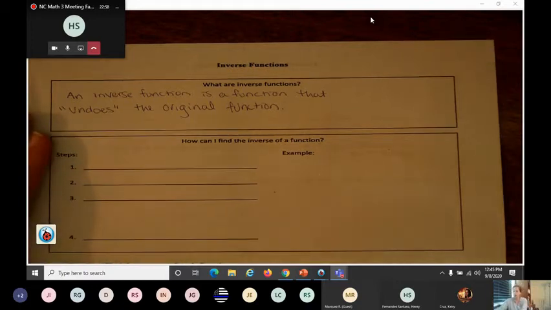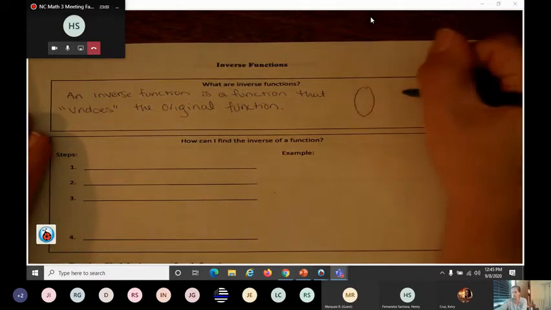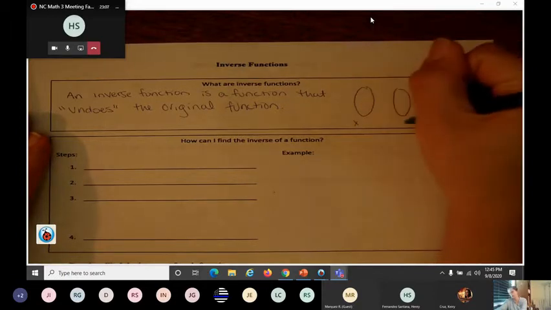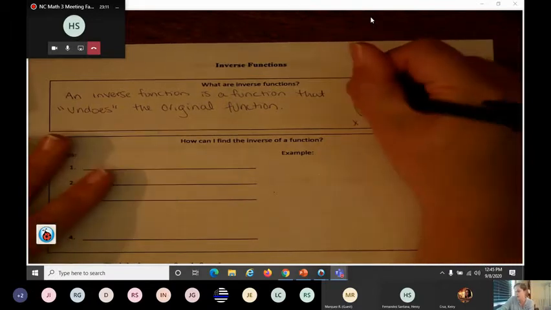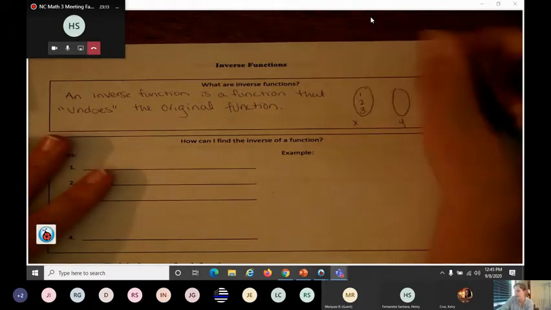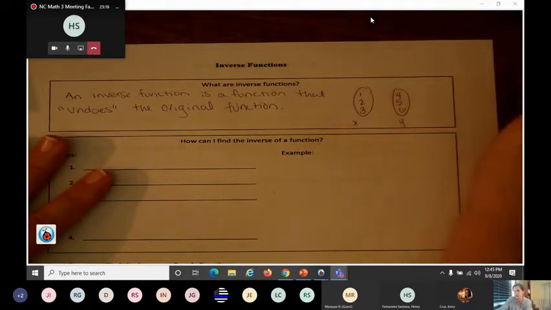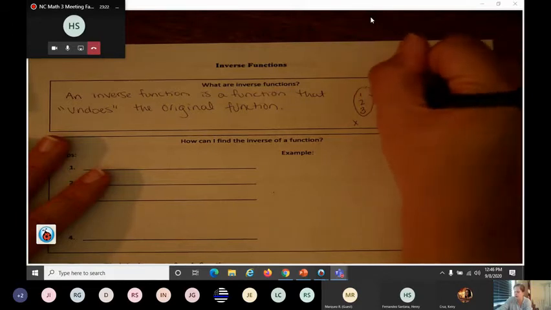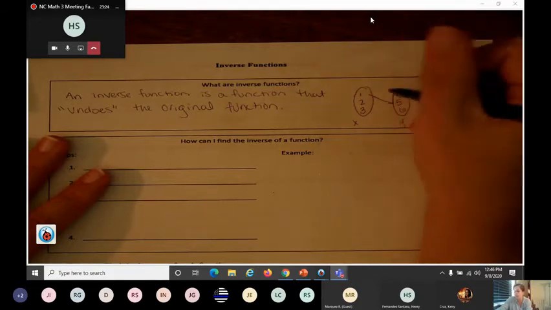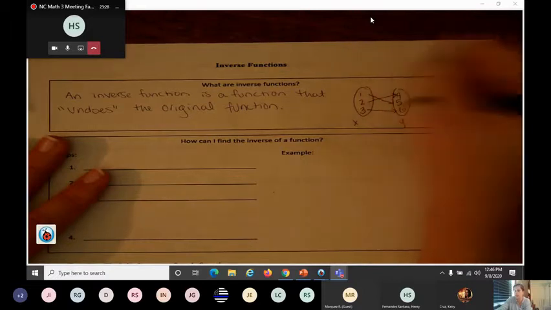So I'm going to write out a map, kind of like when we first started, with my x's and my y's. I'm going to put in maybe 1, 2, and 3, and 4, 5, and 6 right here. So maybe 1 maps to 5, 2 maps to 4, and 3 maps to 6.